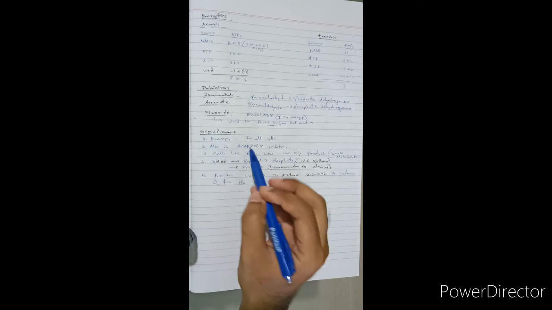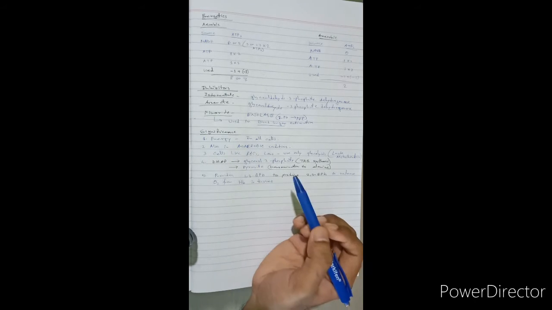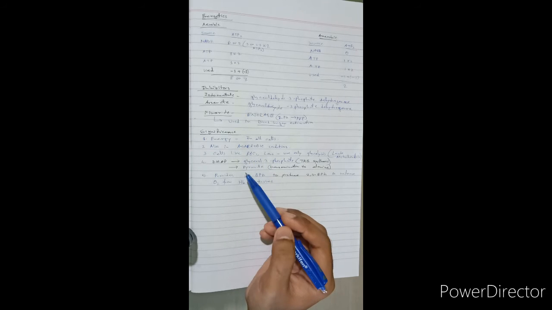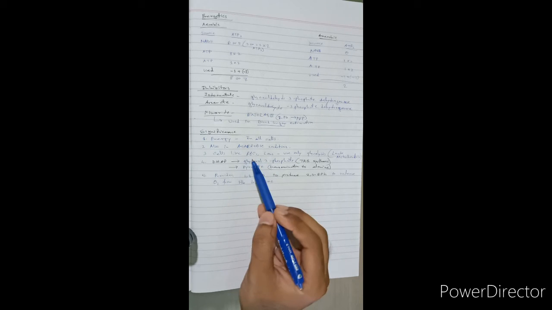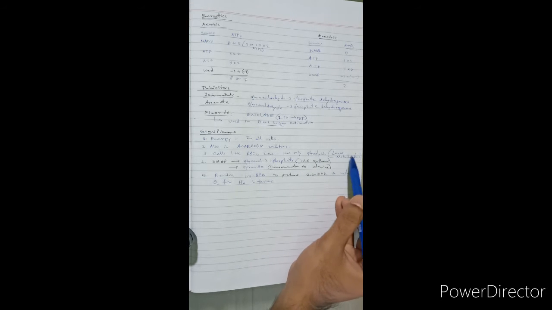The significance of glycolysis: number 1, energy production in all cells. Number 2, it also occurs in anaerobic conditions. Number 3, cells like RBC and lens use only glycolysis because they lack mitochondria that has the other modes of energy formation like the TCA cycle and beta oxidation.